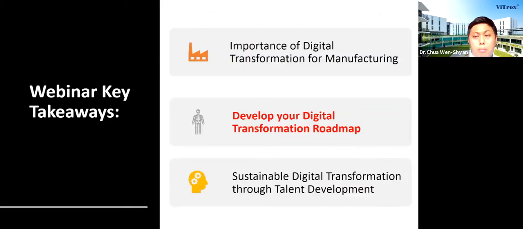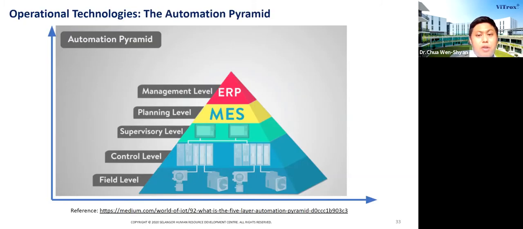So next, I will talk more about how you develop your digital transformation roadmap. In the next slide, when you look at your overall digital transformation journey, it's always important to ensure that there is very flexible connectivity throughout your whole automation pyramid.